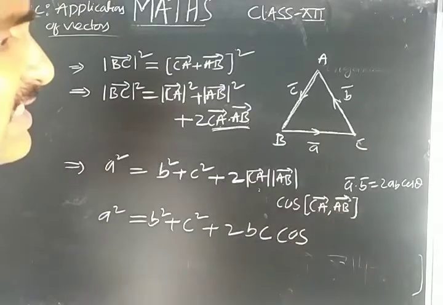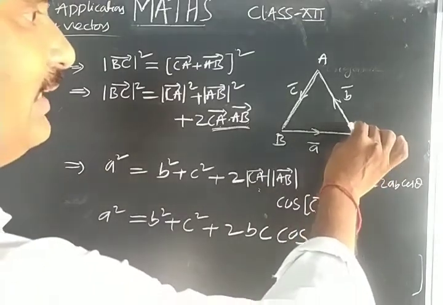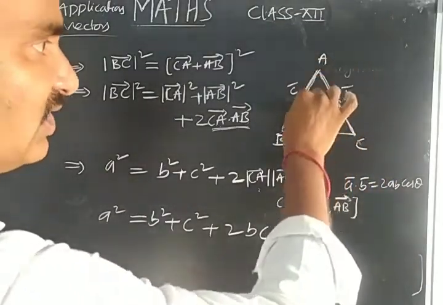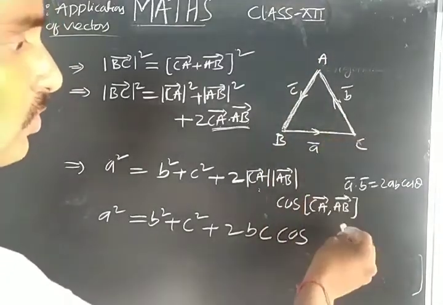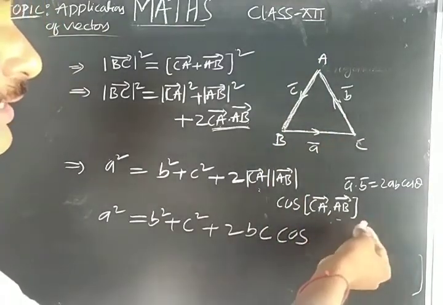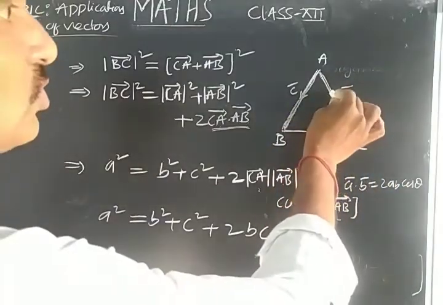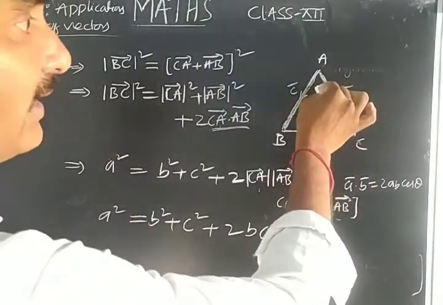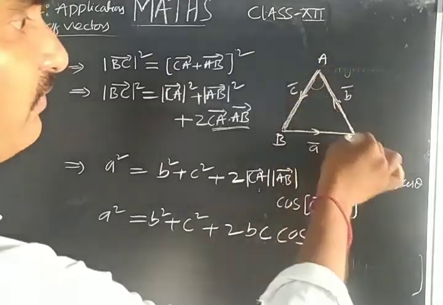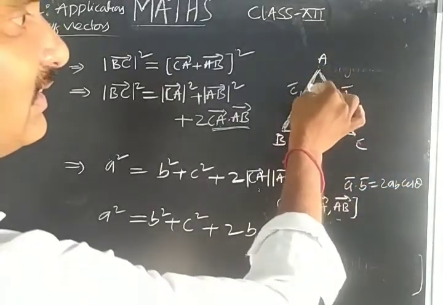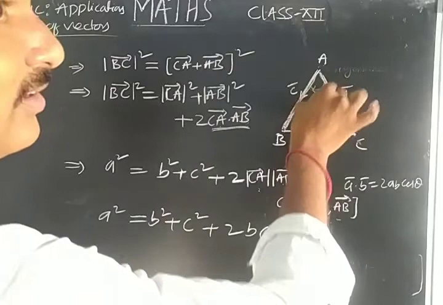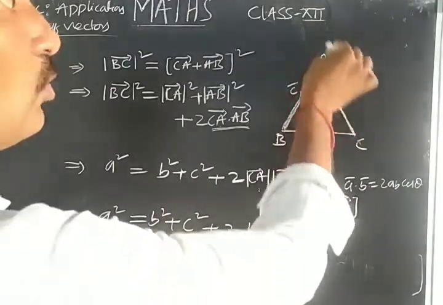Now the angle between CA and AB. This is the vector CA and this is the vector AB. So here, how do we take theta? In the counterclockwise, anti-clockwise direction. Don't take it like this. The angle between CA and AB, this is the angle, but it is not in the counterclockwise direction.